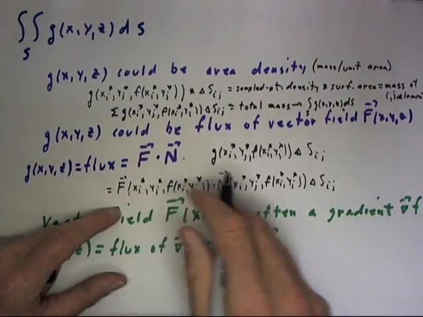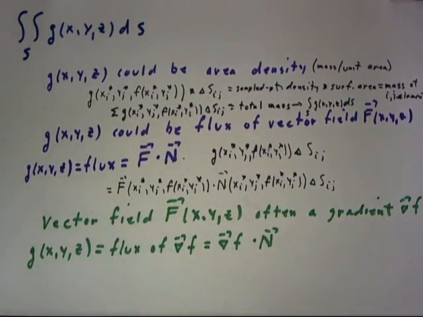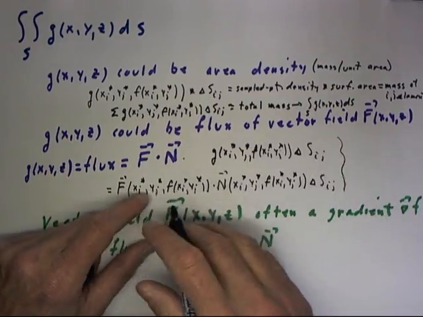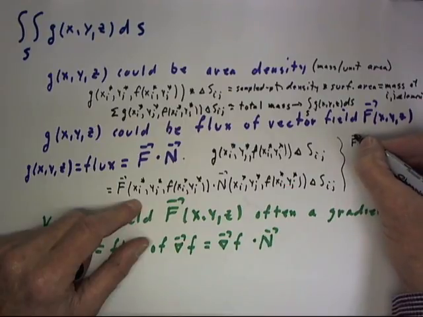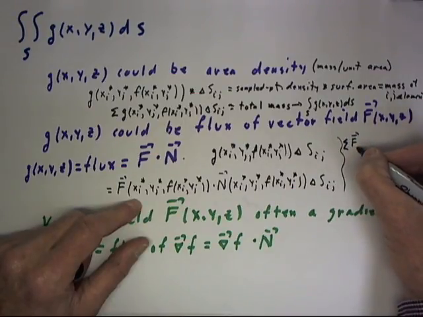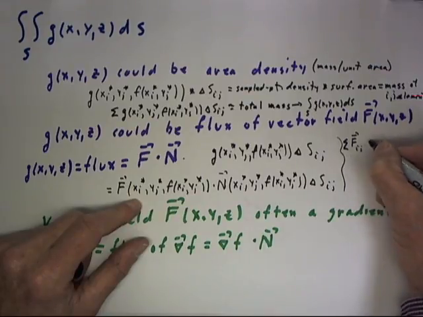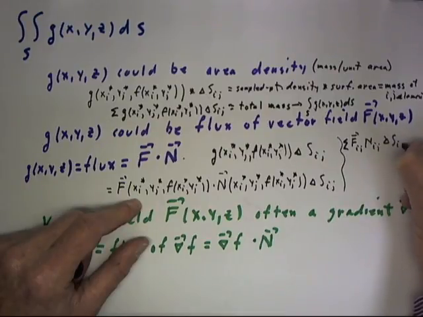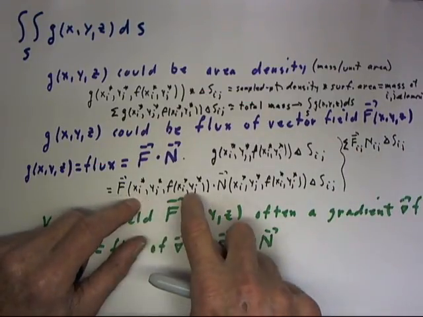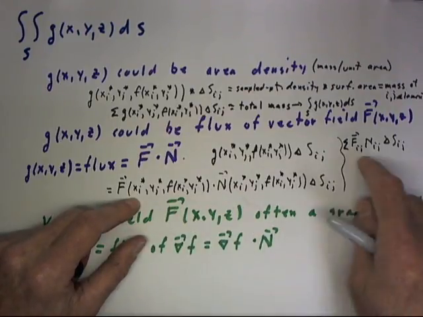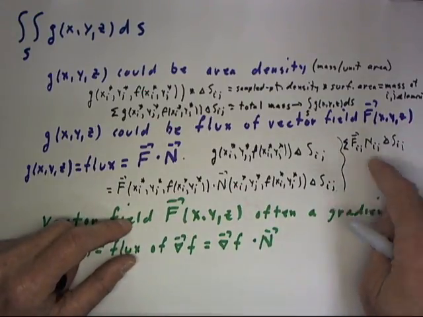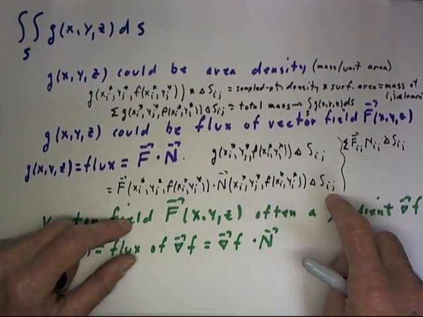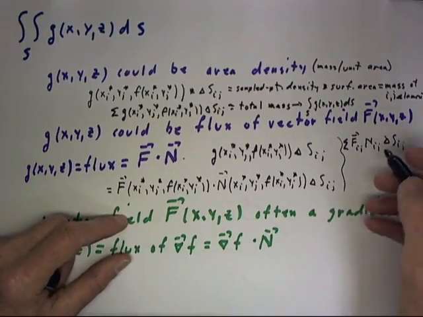And this sums up so that we can write this as the sum of the Fij dot Nij delta Sij, where Fij is the force evaluated at the ij sample point, the normal vector evaluated at the ij sample point, and the delta S being the surface area at that point, the surface area increment.